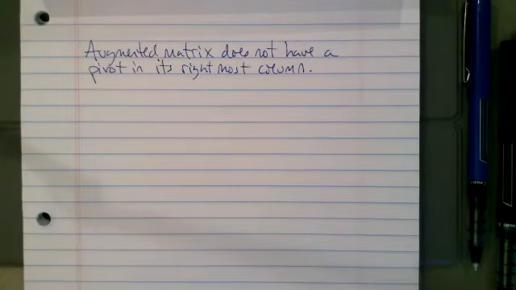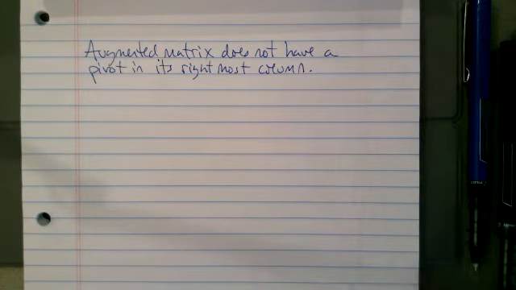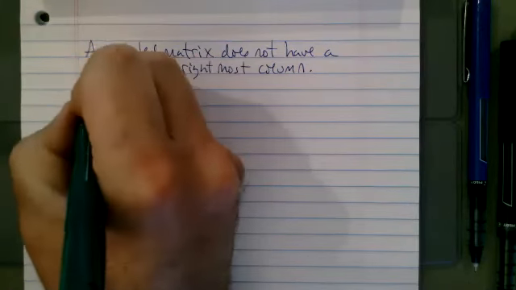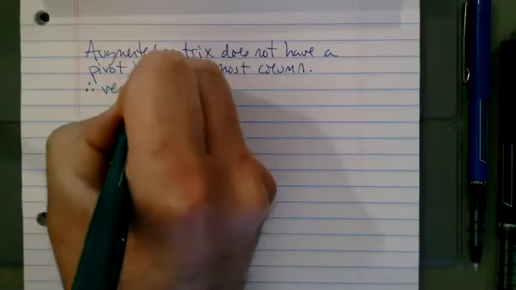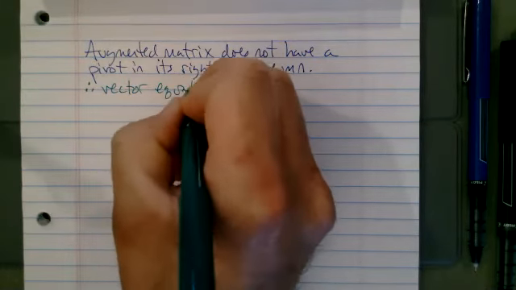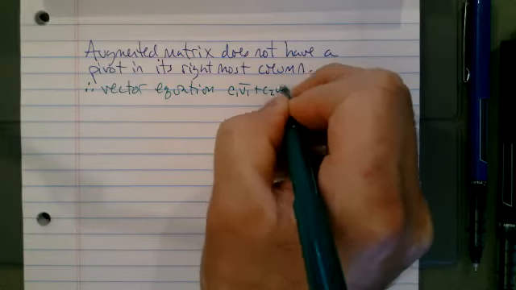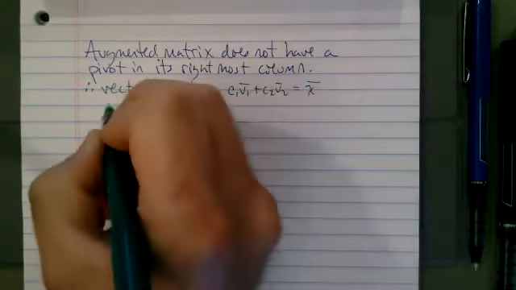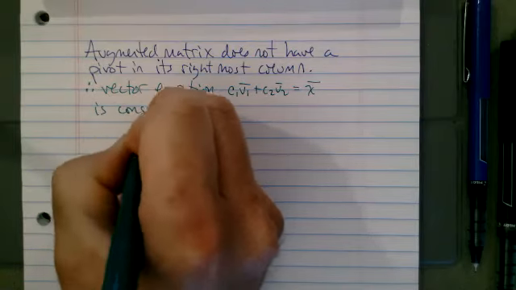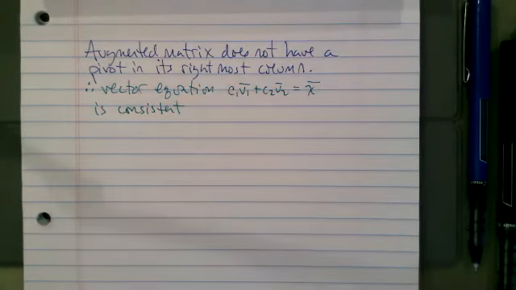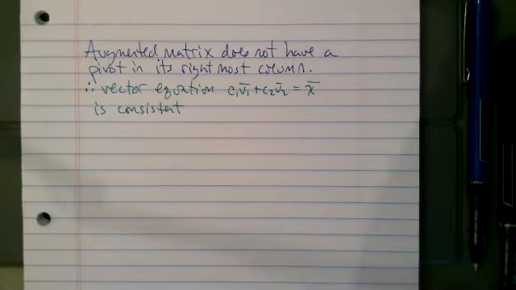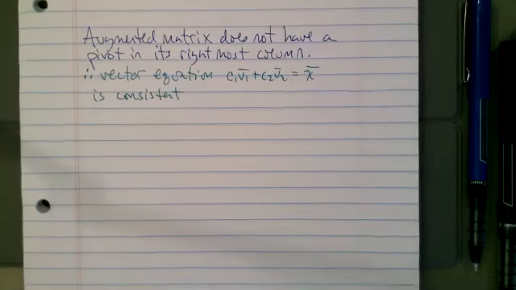Remember, we only talk about the rightmost column of an augmented matrix. The augmented matrix does not have a pivot in the rightmost column. Therefore, the vector equation C1 V1 plus C2 V2 equals X is consistent. The corresponding vector equation is consistent.